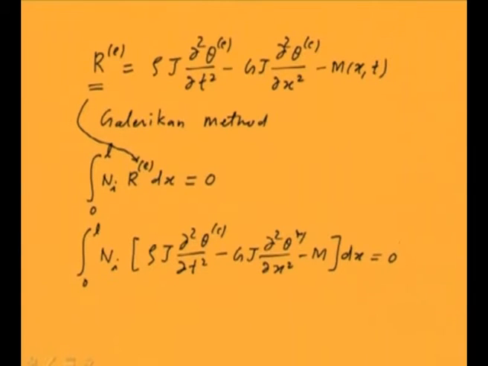Okay, here you can see that especially the derivative with respect to x of theta, that angular displacement, is of order 2. So we would like to reduce this, because by reducing this we can choose a lesser degree polynomial as our solution. So now we will be reducing this differentiation by integration by parts.